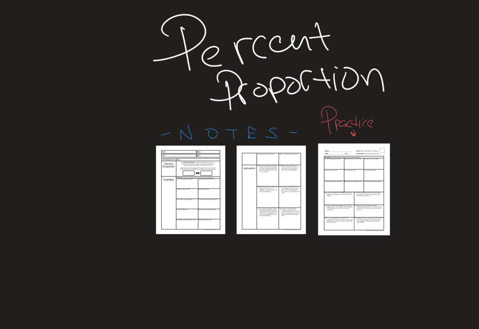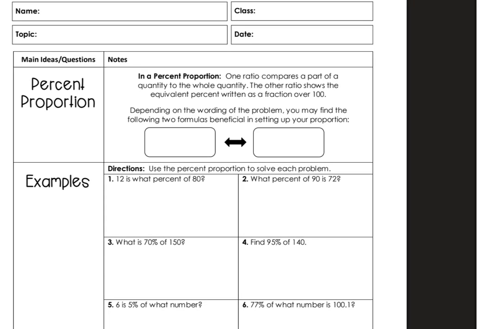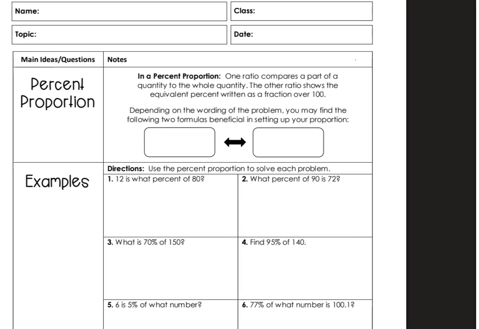We're talking percent proportion, which might sound kind of strange. I'm gonna go ahead and read this right here just so that maybe we can try and get a handle on what the heck this is. In a percent proportion, one ratio compares a part of a quantity to the whole quantity.